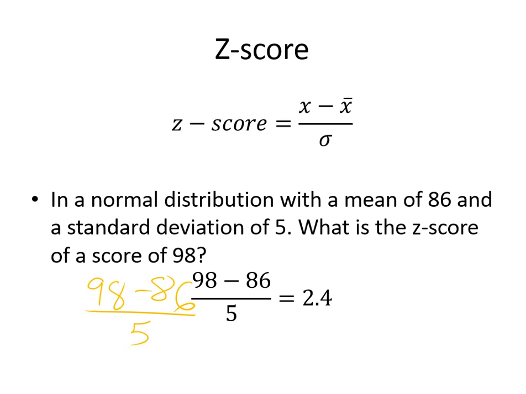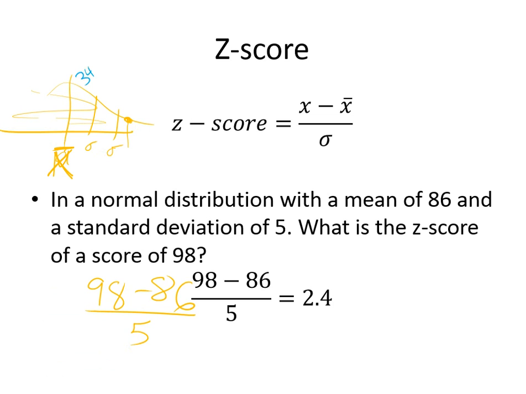Now if we look at this on our curve, here's our mean, X bar. Here's 1 deviation. Here's 2 deviations. And so that means we're probably about here. Now the question is, about how much percent is below this? What percent is this whole thing? So we look back at our percentages.